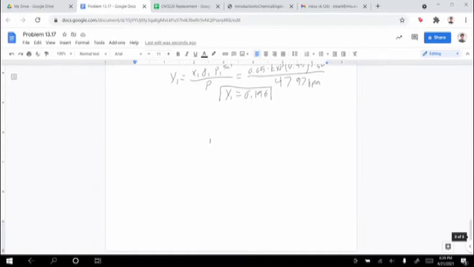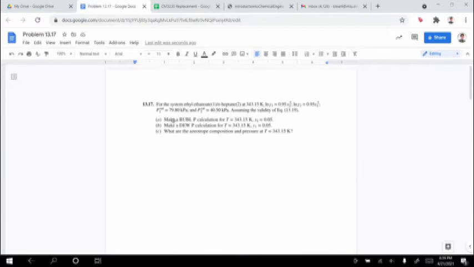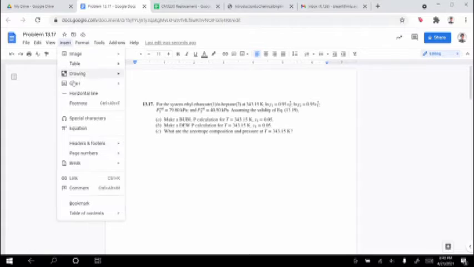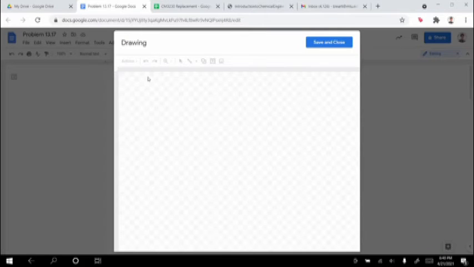Moving on to part B. We're asked to find the dew point calculations, and we're given y1 is equal to 0.05 and the temperature. So our knowns are the same as before, plus now we're asked to find it at this value.